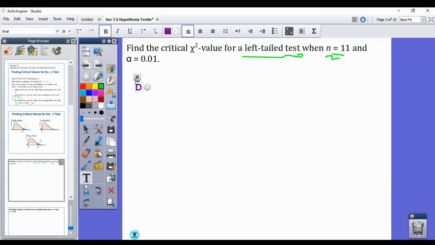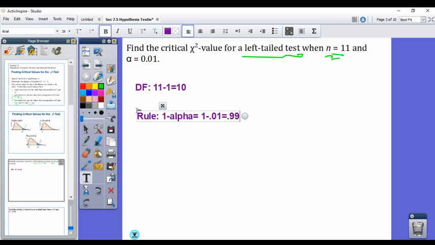In this case, our degrees of freedom is going to be 11 subtract 1, which is 10. Now, being that we have a left-tailed test, the rule for the left-tailed test is you're going to do 1 subtract alpha. So in this case, that is 1 minus 0.01, and if you do that, you're going to get 0.99.